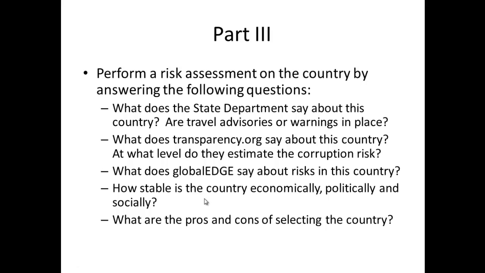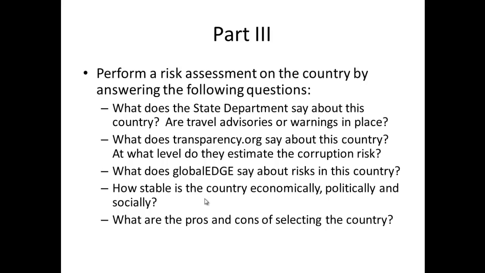Now in part 3, you're going to perform a risk assessment on the country by answering the following questions. What does the State Department say about this country? Are there travel advisories or warnings in place? Then you're going to visit the website transparency.org and find out what transparency.org says about the country. At what level do they estimate the corruption risk?